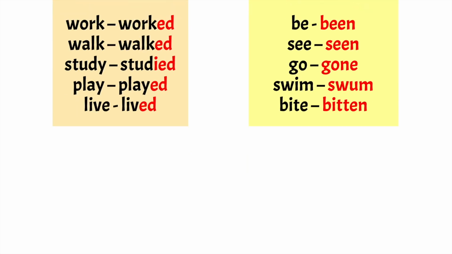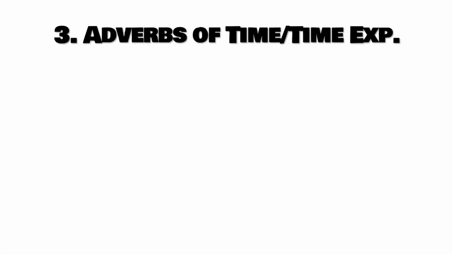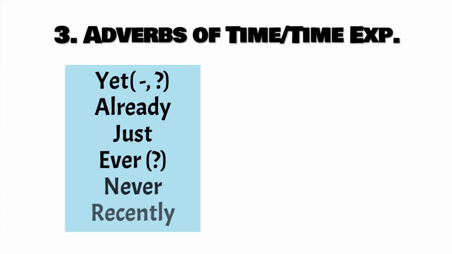So now let's take a look at the third point, which is adverbs of time or time expressions. So we have yet, and we use yet for negative sentences and questions. Already, just, ever for questions, never, and recently. So these are the most common ones. There are others. These are adverbs of time.